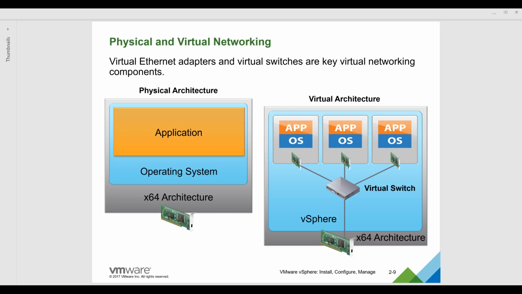Same thing with the CPU, same thing with the memory, same thing with the network card. I know we keep harping on it, but it's important to know that on a physical machine, the only machine that's going to use that network card is that physical machine.